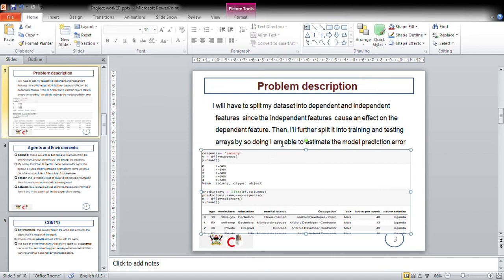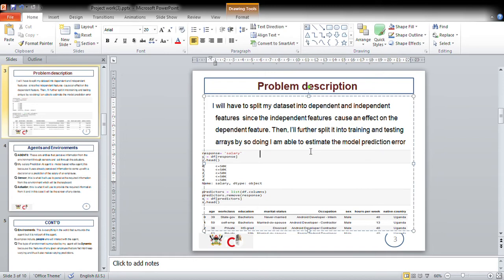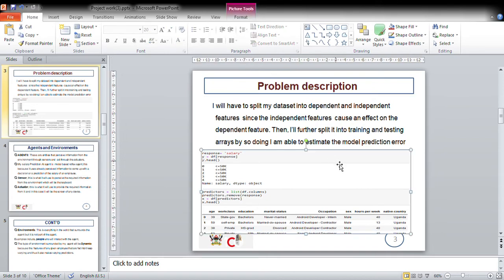Then I'll have to go further and split it into training and testing arrays. By so doing, I'm able to estimate the model's prediction error. What I mean by the model's prediction error, as I implement, I'll pause the video and explain the prediction error or the model's accuracy.